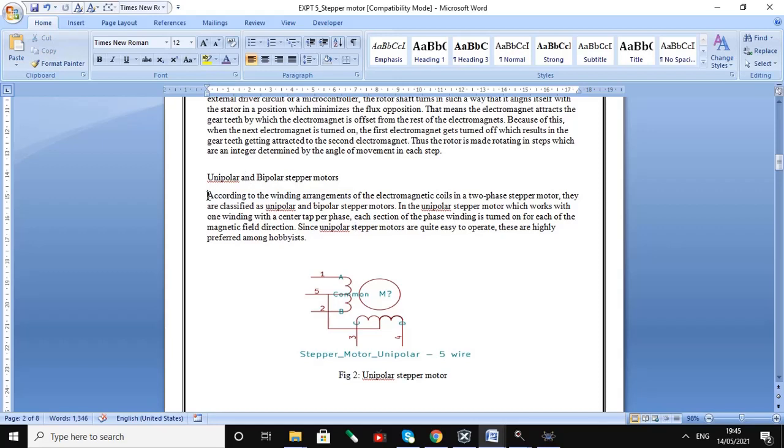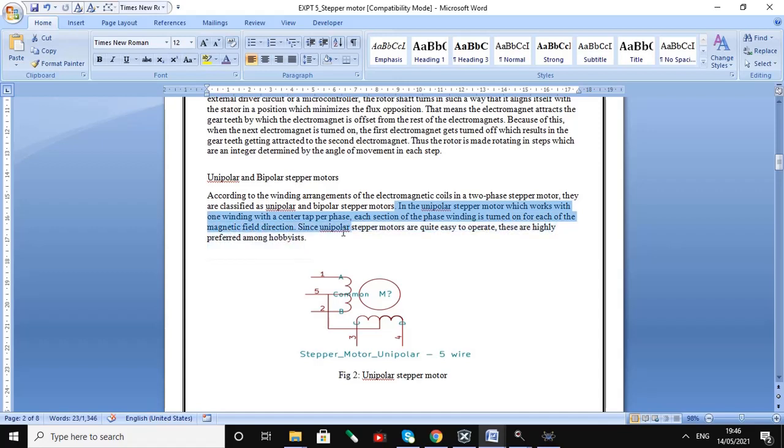According to the winding arrangement of electromagnetic coils in a two-phase stepper motor, they are classified as unipolar and bipolar. In the unipolar stepper motor, which works with one winding with a center-tapped phase, each section of the phase winding is turned on for each of the magnetic field directions.